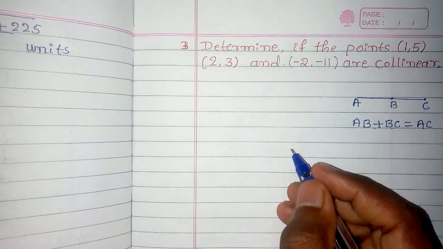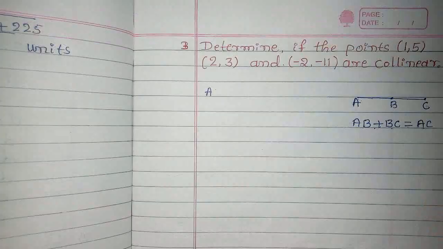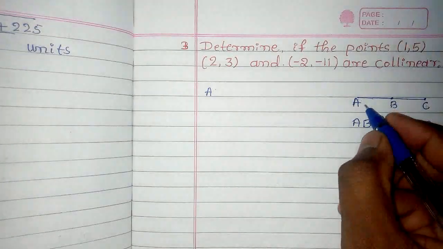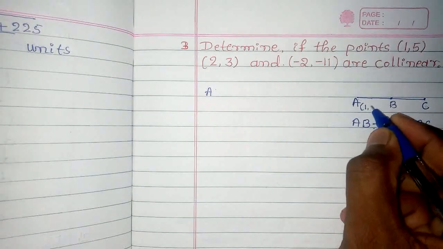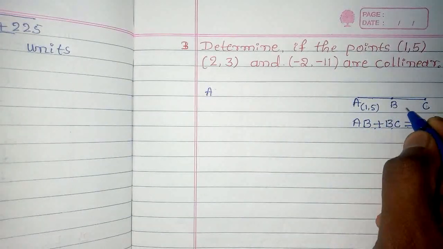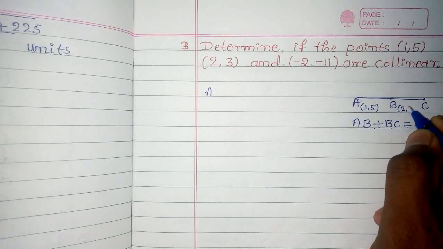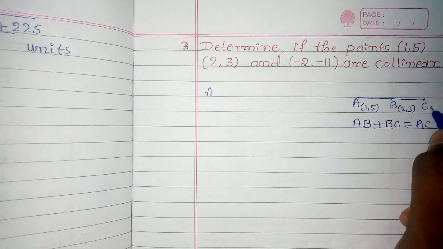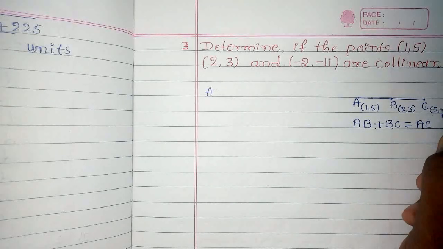Now we have to find the distance of AB. A's coordinates are (1, 5), B's coordinates are (2, 3), and C's coordinates are (-2, -11).